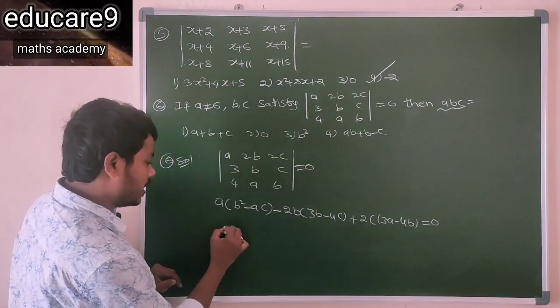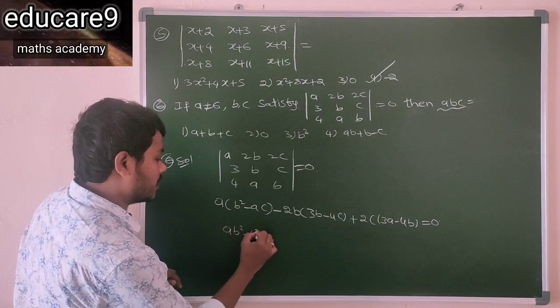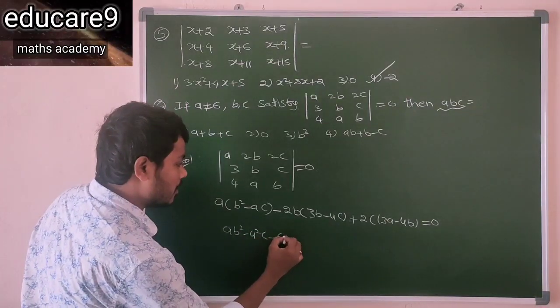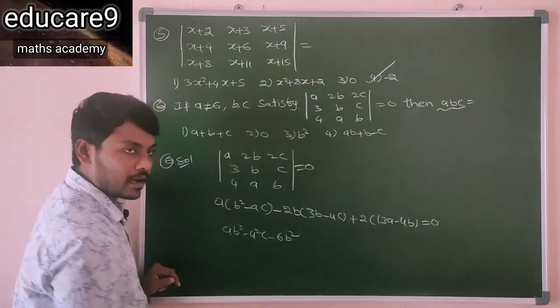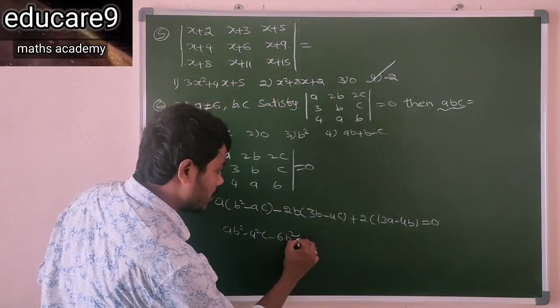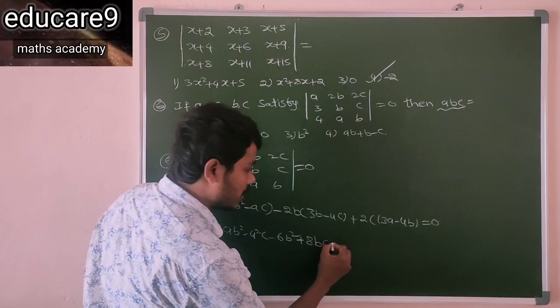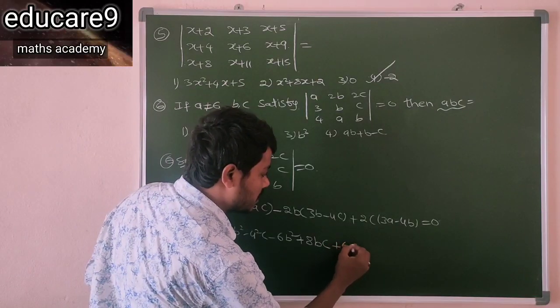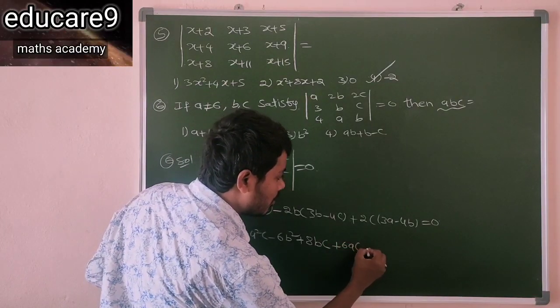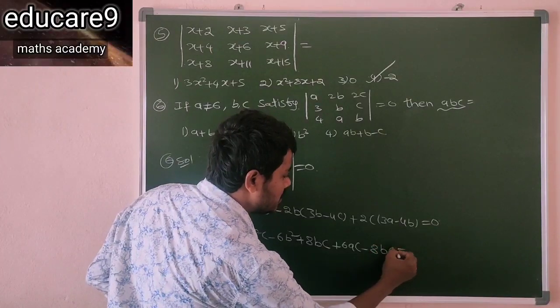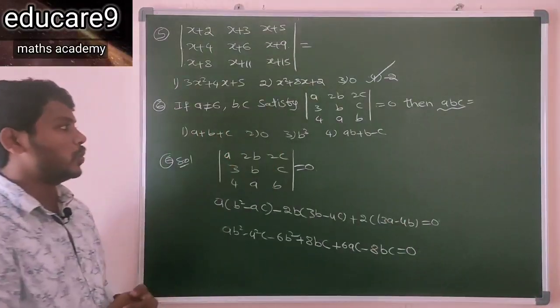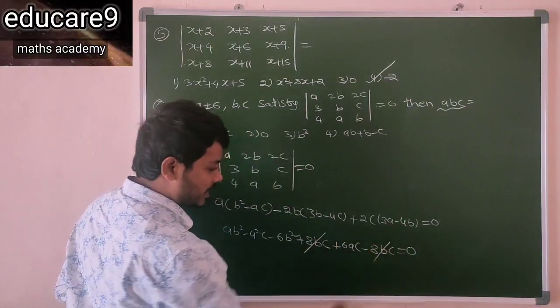So this is what? AB square minus A square C minus 6B square. Next one, plus 8BC. Next this one, plus 6AC minus 8BC is equals to 0. So clearly 8BC get cancelled here.